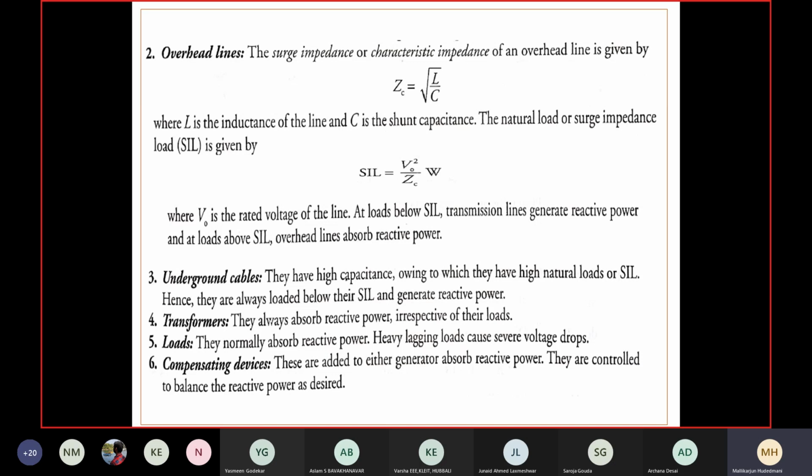Explain generation and absorption of reactive power in the power system. You need to narrate 2 to 4 lines per each category of those things. And when I say transformer, there could be another option. Transformer always absorbs reactive power, which was one important thing we have seen. The other way is to see a transformer with a tap changer facility.